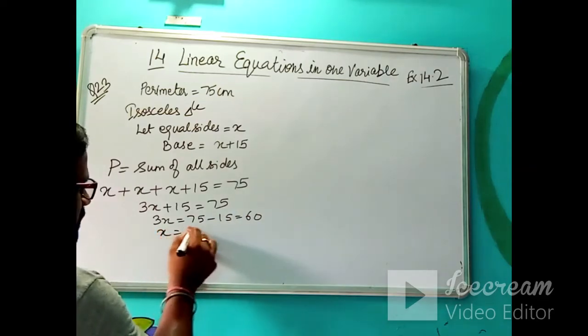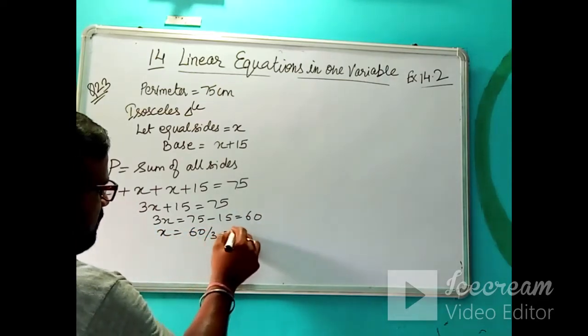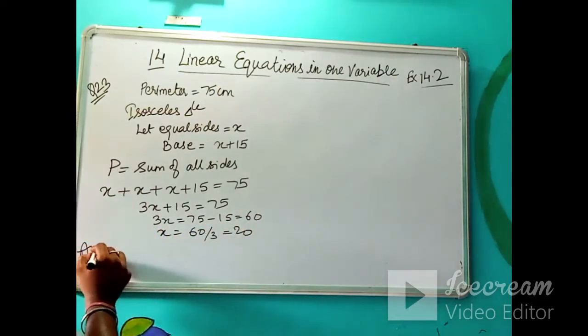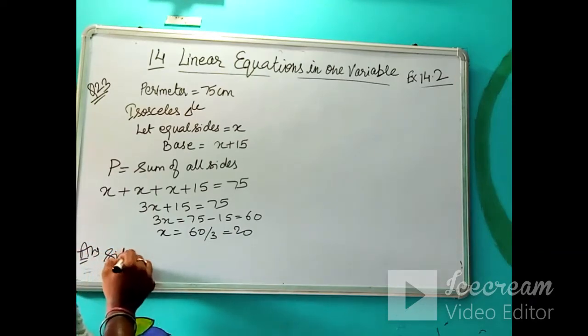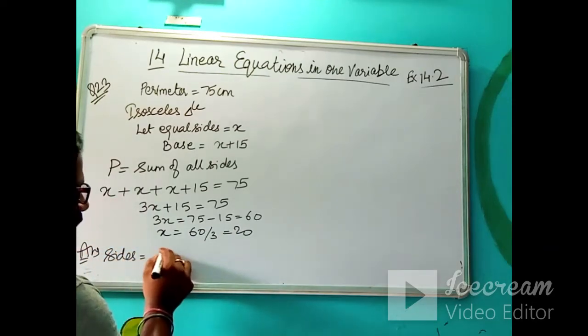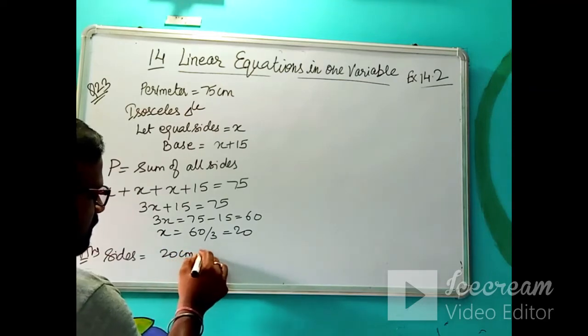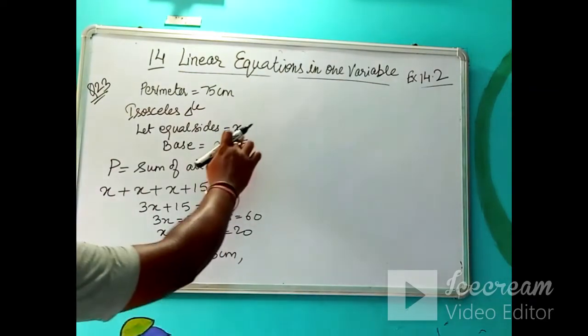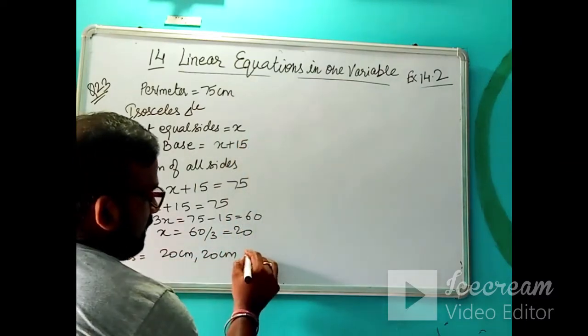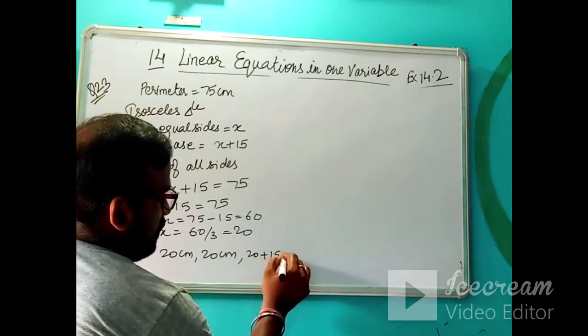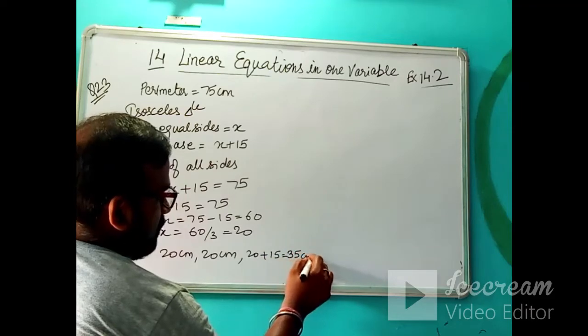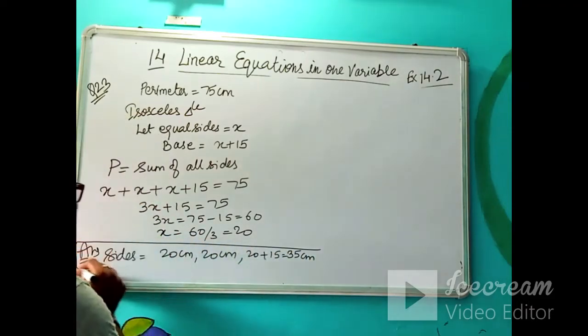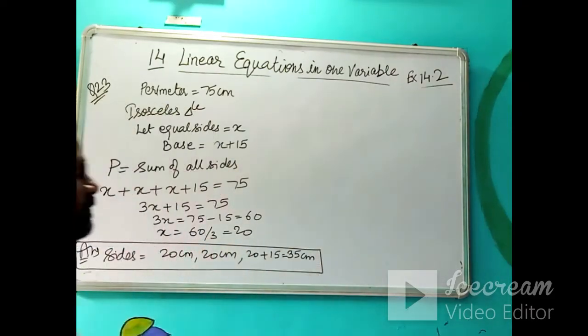So what is our x? 60 by 3, that is 20. So our answer will be sides are 20 centimeter, 20 centimeter, two equal sides, and base was x plus 15, that is 20 plus 15 equal to 35 centimeters. So this will be our answer.